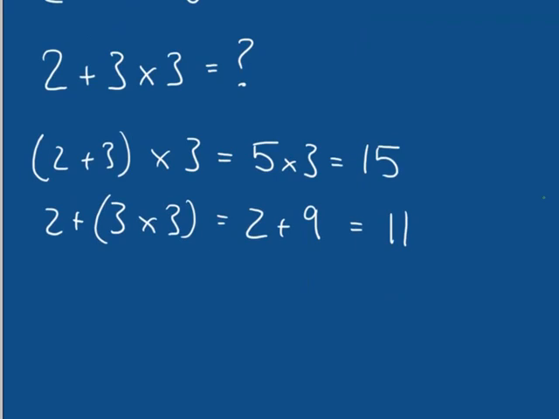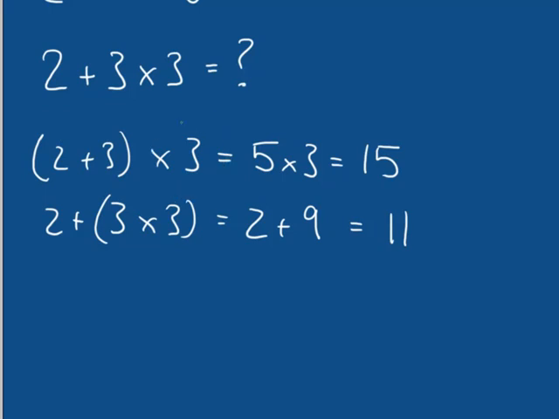We've seen it because, as I explained, the two possible ways of evaluating 2 plus 3 times 3, even though we know that one of these is incorrect, when I wanted to say that I was going to add 2 to 3 before we multiply by 3, I used parentheses to group the 2 and the 3 together. That's saying we add 2 to 3, we evaluate these parentheses first, and then we multiply by 3.